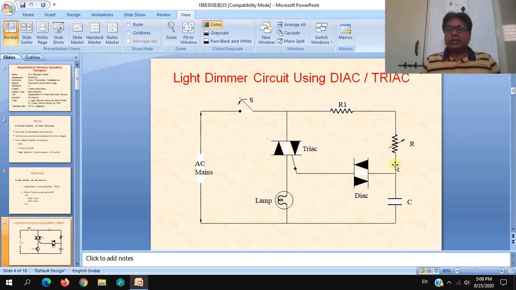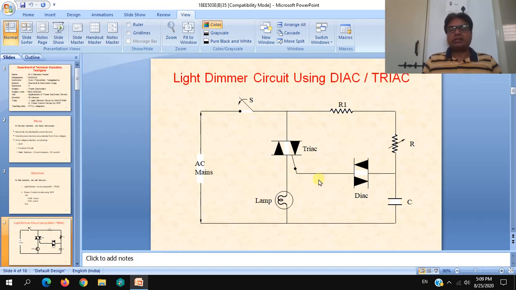The variable resistance plays the important role. When the supply is on, current flows via R1 and R into the capacitor and also into the diac, which under normal conditions will not conduct unless the applied voltage across its T1 and T2 terminals is more than its breakover voltage, that is the forward breakover voltage.